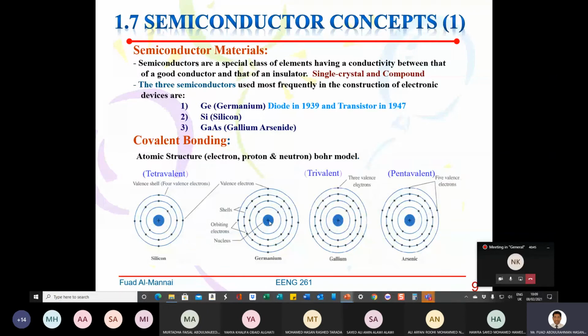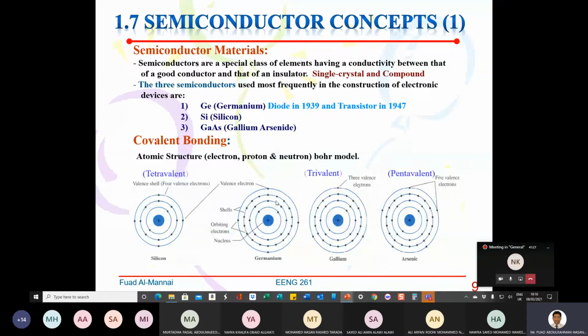Notice that this germanium has how many shells? 4, compared to the silicon, which has 3 shells. What does that mean? It means that the outer electrons of the germanium can be detached more easily than the electrons of the silicon, because the silicon's outer shell is very close to the nucleus, so it requires more energy to detach an electron from its atom.